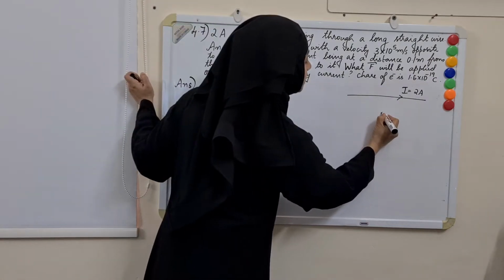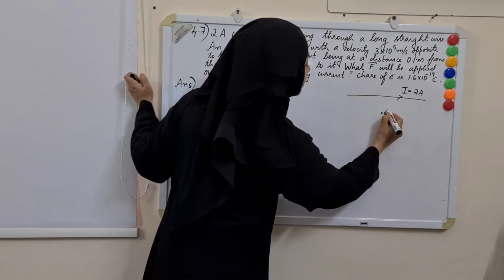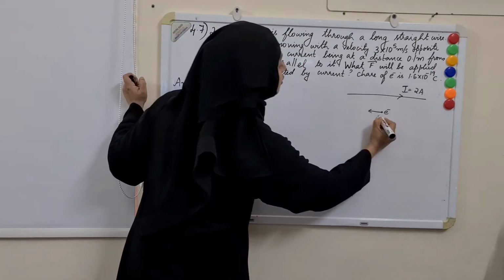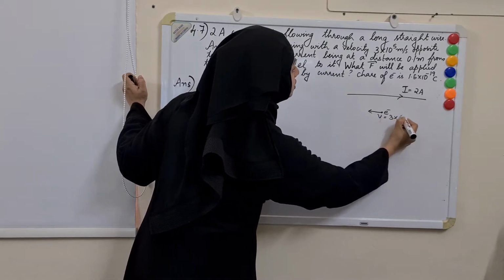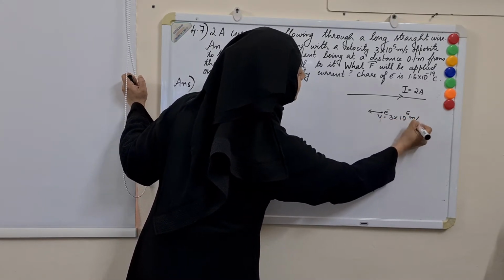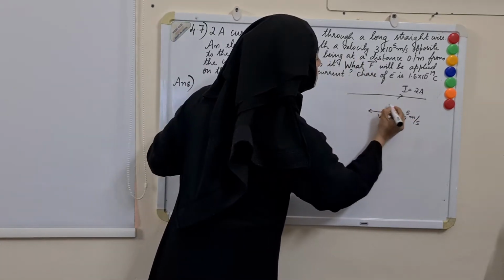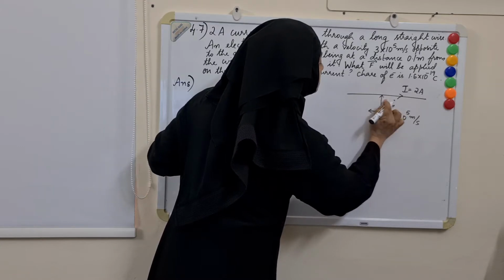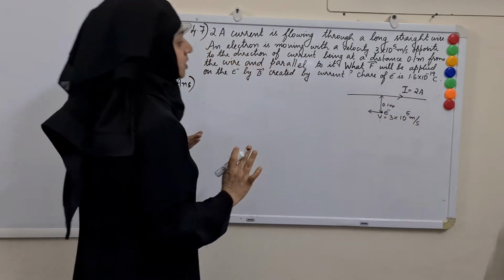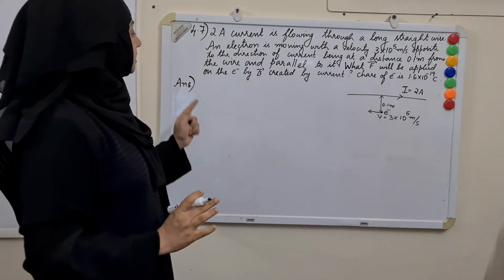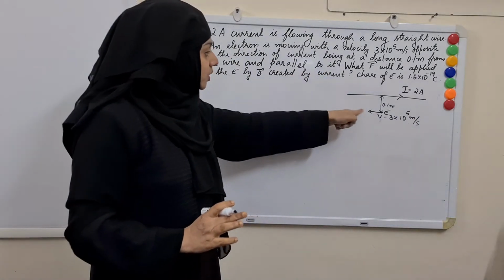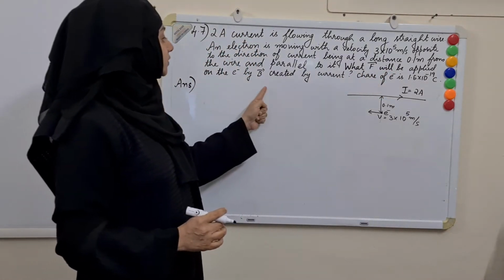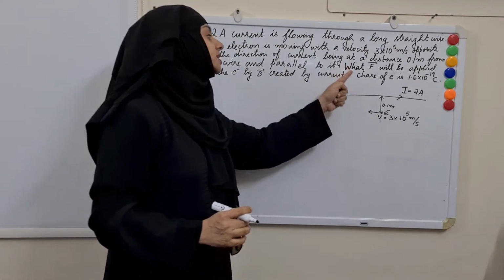So, let me consider a point here where the electron is and it is moving opposite to the direction of current with the velocity 3 × 10 raised to 5 meter per second, at a distance of 0.1 meter. So, this distance is 0.1 meter, and the motion is parallel to the wire. So, velocity is in this direction. What force will be applied on the electron by the magnetic field created by the current?